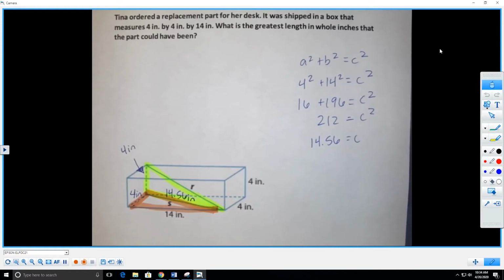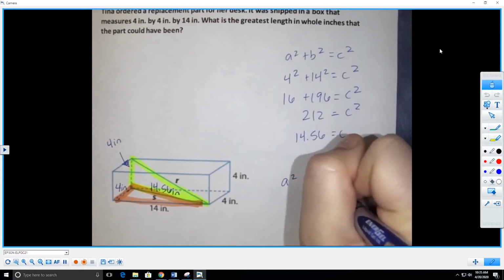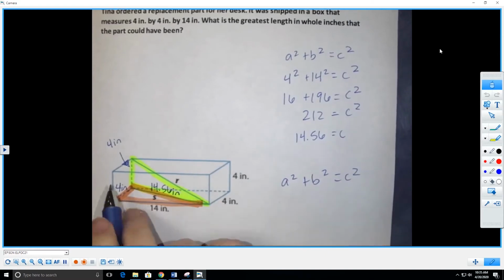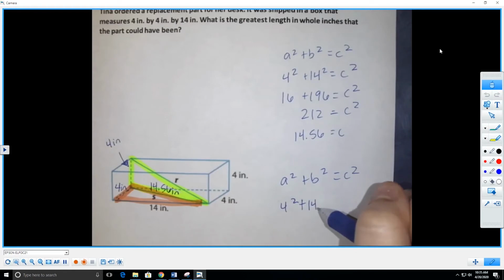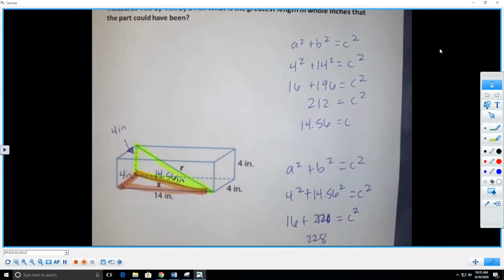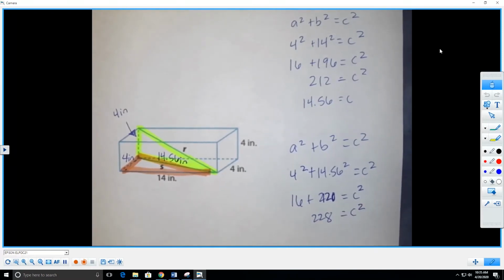Follow along with me. So we're going to do A squared plus B squared equals C squared. I'm going to plug in 4 for A, 14 and 56 hundredths for B, and solve for C. So I get 16 plus 212, 212 equals C squared. 228 equals C squared.